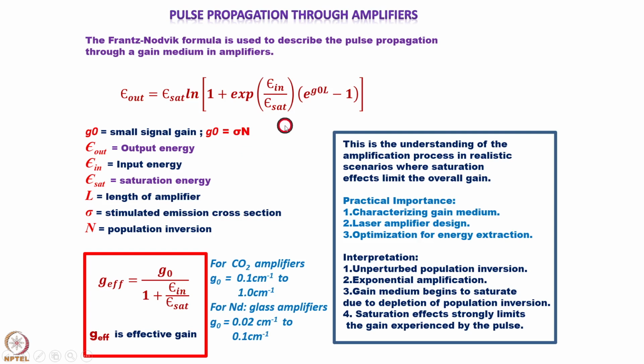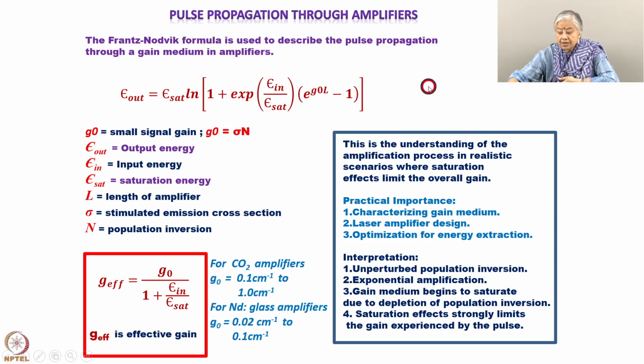Now, one thing that Franz and Nordwig assume is that the population inversion in the medium is already achieved. It's not that you're starting with the pumping and then creating a population inversion, so this formula is applicable after the population inversion is achieved. So, G0 can also be described as the initial small signal gain.